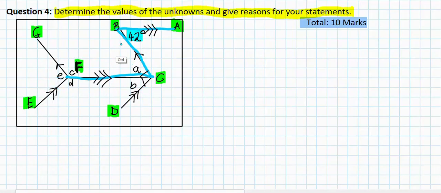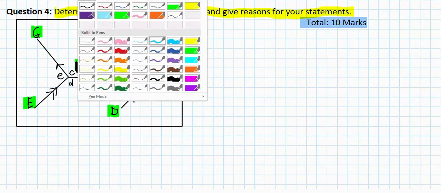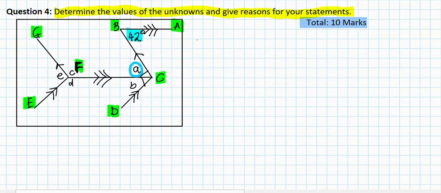Quickly solving this one again, we saw the Z formation, and now we can agree that this A must be equal to that 42 degrees, right? Of course. So let's put that in writing. I'm going to say A in small letter. You don't put a cap because it's already a small letter symbolizing an angle. A equals 42 degrees. We said why? They form a Z formation.